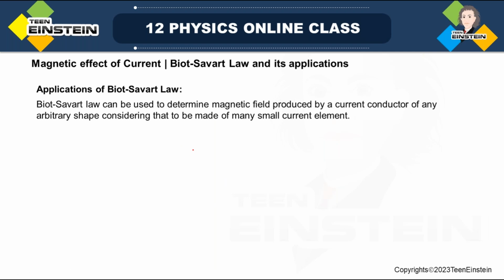If we write Biot-Savart's law vectorially, we'll write dB is equal to mu0 by 4 pi I dl cross r by r cube.